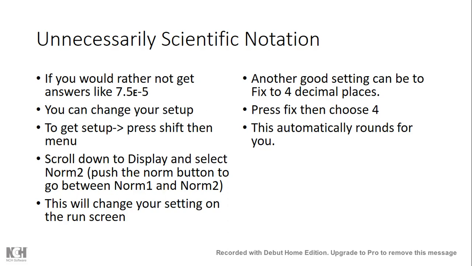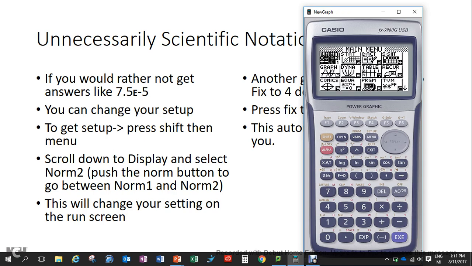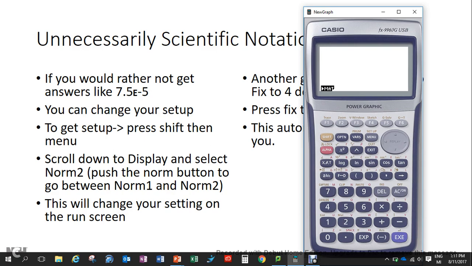So I'm suggesting that you go to the setup menu, which, just give me a second here, is if you go shift, which is the yellow button, or if you go to menu, go to your run menu, and then if you go shift and then setup, then you can go down, down, down, down, down, down, down, until you find your display.